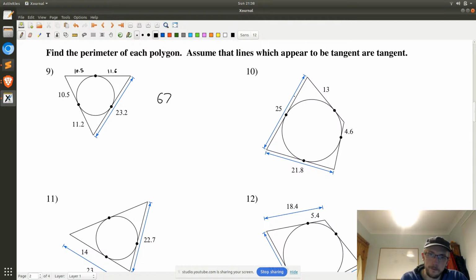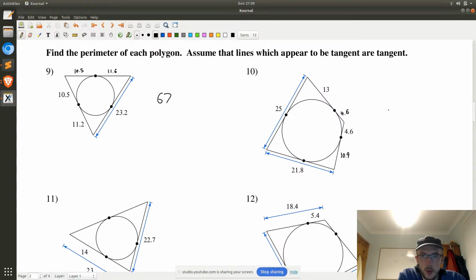Okay. So that small segment there will be 4.6. 21.8, half that, we get 10.9. So that small segment there will be 10.9. And then we need only add up everything that we can see. So we'll proceed.